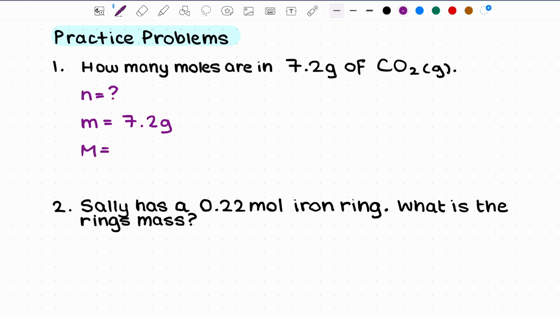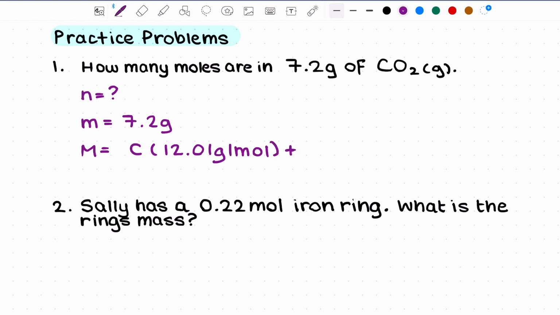But what about the molar mass? Well, we can actually calculate the molar mass based on the formula they gave us. They told us that we have CO2. And so we can look on our periodic table and find what the molar mass of CO2 would be. Keep in mind your numbers might be slightly different than mine. But for me, I got that carbon was 12.01 grams per mole. And we have one of them.